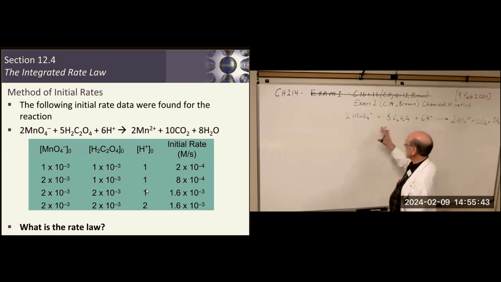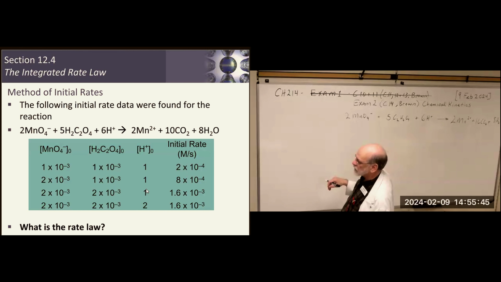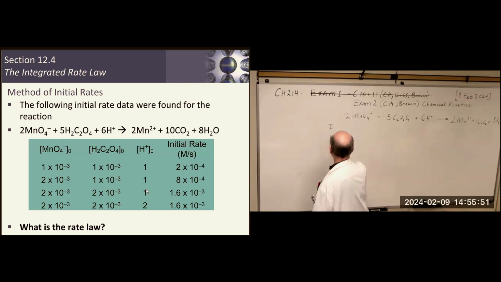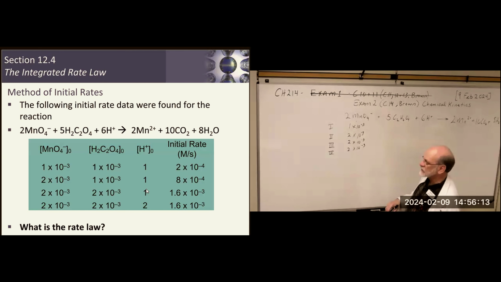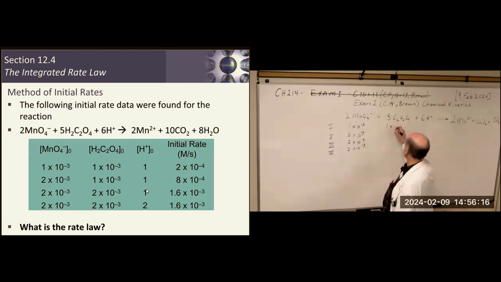Okay, so for these, we run these 4 experiments. I'm going to give them Roman numerals I, II, III, and IV. And we get data for each one. So we got 1 times 10 to the minus 3, and the rest of them are 2. And the next one, we have the first two 1 times 10 to the minus 3, and the last two are 2s.